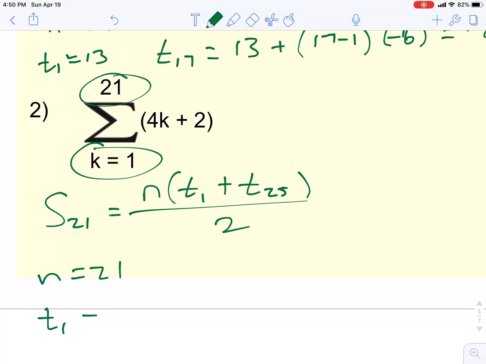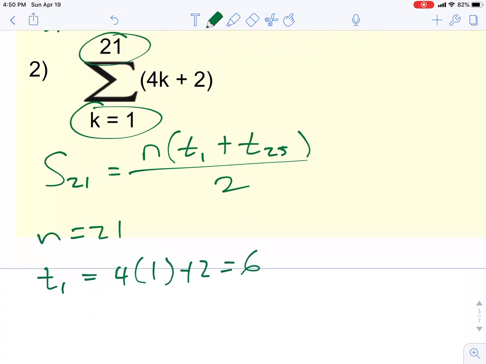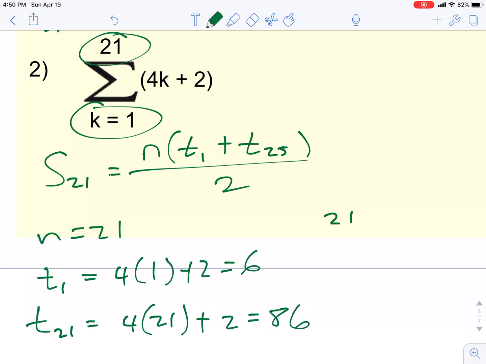Term 1 is going to be 4 times 1 plus 2, which is 6. Term number 21 is going to be 4 times 21 plus 2, which is 86. So we're going to do 21 times 6 plus 86, divided by 2, which gives you a grand total of 966.